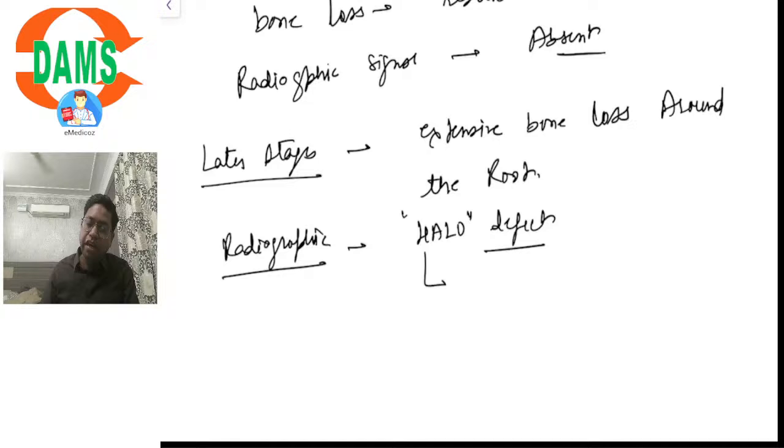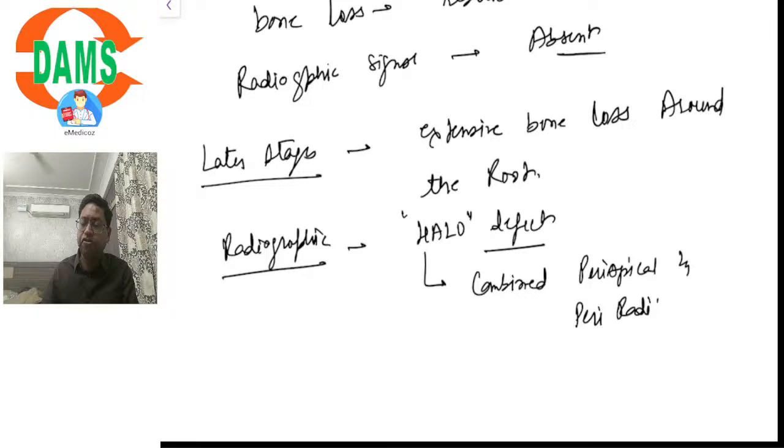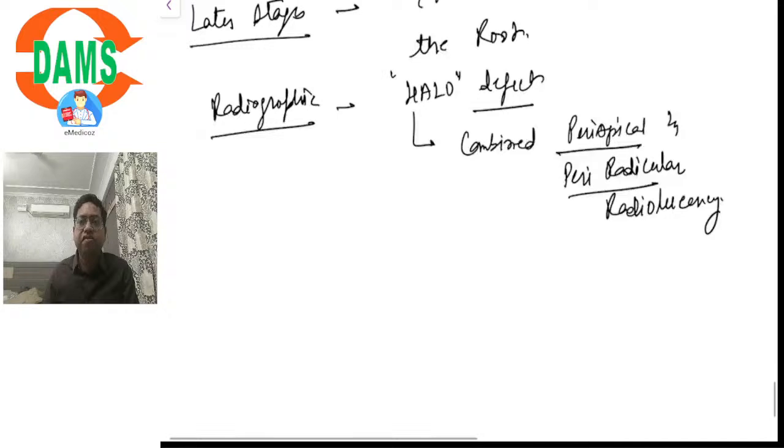What is a halo? Halo is basically a combined periapical and periradicular radiolucency. Combined periapical and periradicular radiolucency is called radiographic halo. When we study a radiograph of a tooth, the bone loss or the pathology can be seen in three distinct patterns. This is known as a periapical lesion.